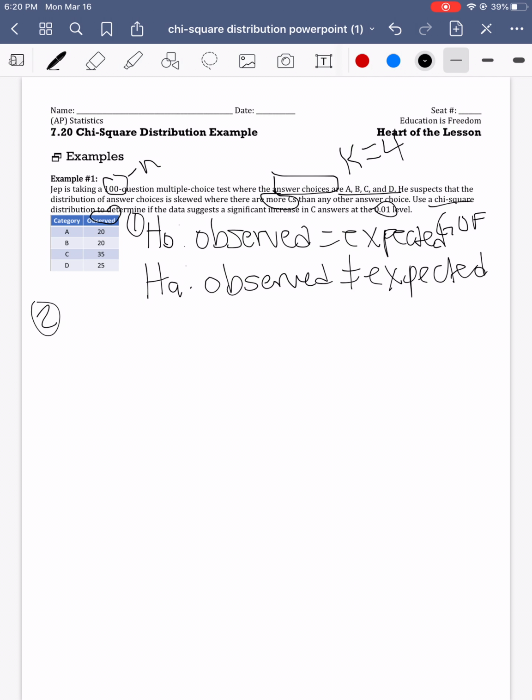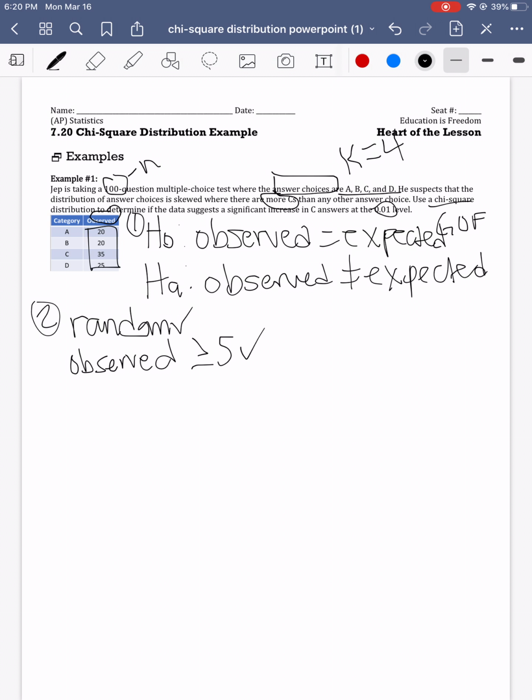Our second step is the conditions. So I know it doesn't say random here, but let's just assume for the sake of doing the problem. And then we're going to determine the count. So looking at the observed values, we see that there are 20 A's, 20 B's, 35 C's, and 25 D's. So the observed values here are definitely going to be greater than or equal to 5.